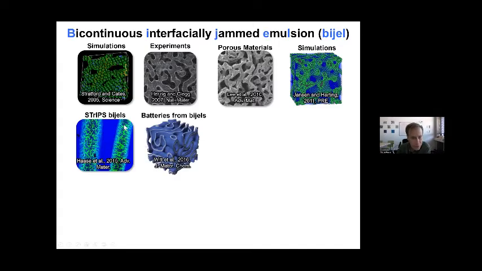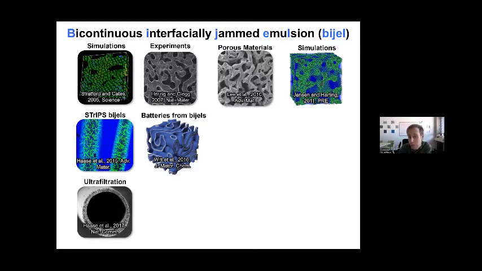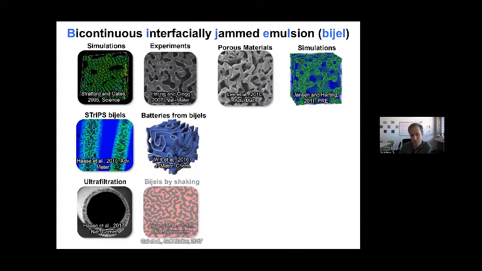And later, researchers also realized that this fluid bicontinuous network is interesting for battery applications or membrane separations. And recently, even an approach was shown where you don't need to use spinodal decomposition to get the fluid bicontinuity, but you can actually obtain it just by simply shaking mixtures of oil and water.